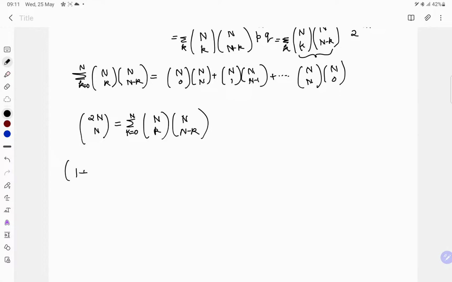If you expand this quantity (1 plus x) to the power 2n, what is this expansion?